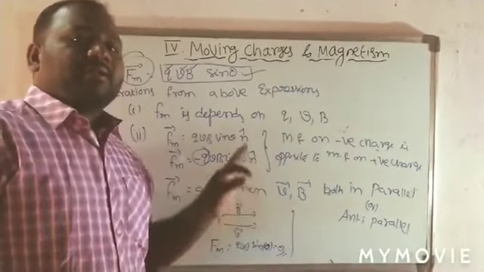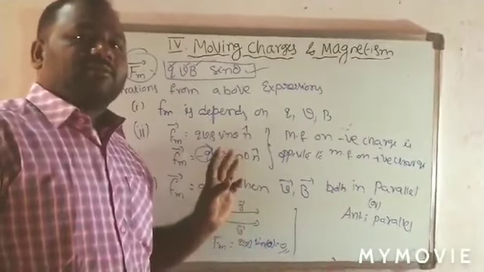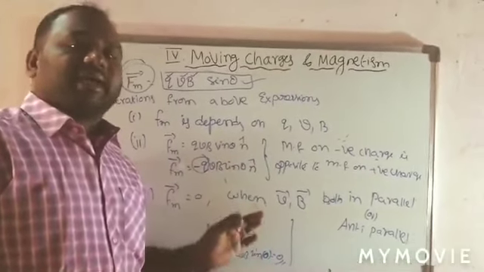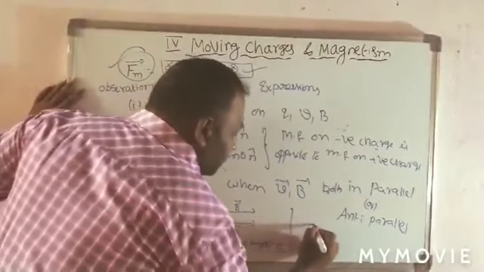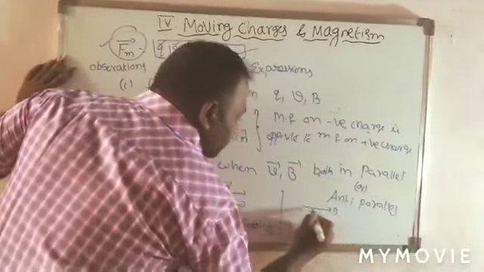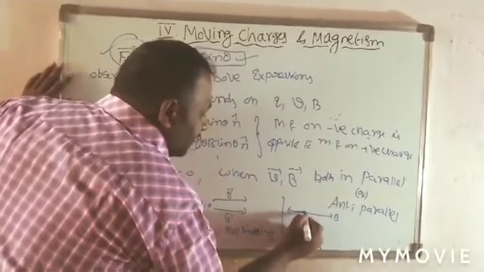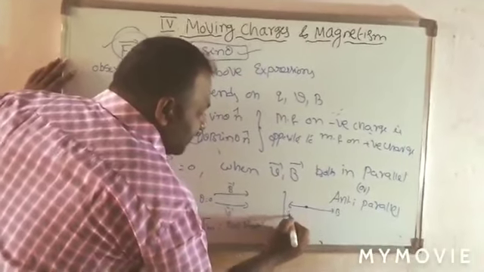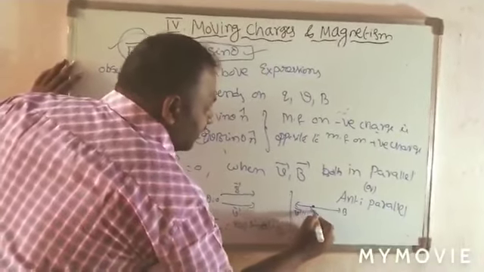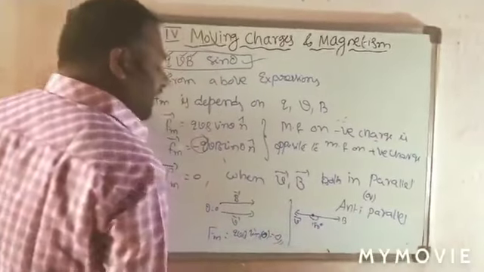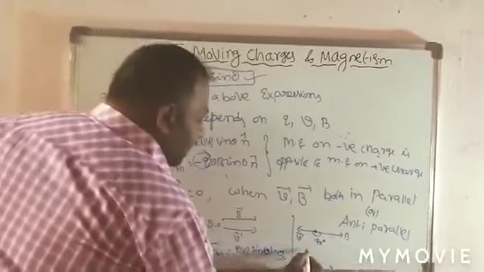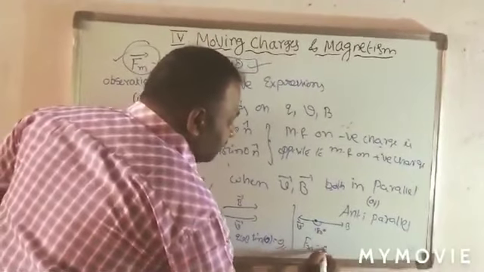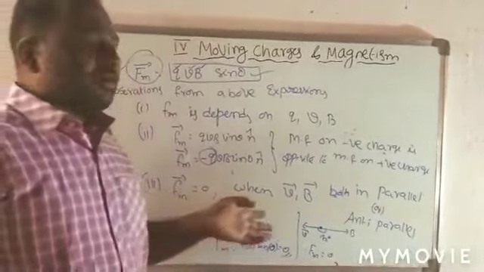Remember, when the magnetic field and velocity vector are both parallel, then the magnetic force is 0. And another one is, this is the magnetic field, and the velocity of the charge is in this direction, then here the angle is 180. We also know sin 180 is also 0, so here also the magnetic force becomes 0. So this is the third observation.